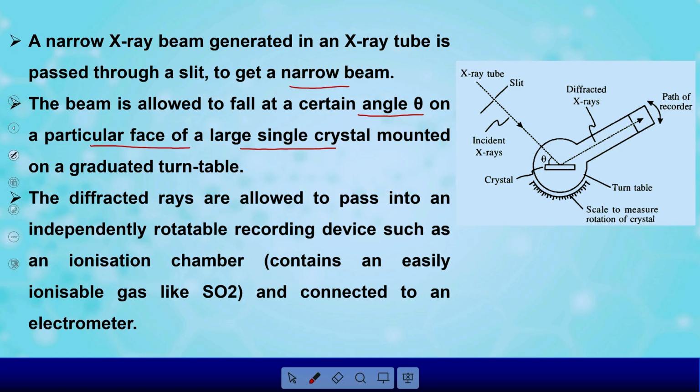As you can see in this figure, the crystal is mounted on a graduated rotating disc or rotating table, and the monochromatic beam of X-rays is allowed to fall on the crystal at a particular angle theta and onto a particular face of a large single crystal.